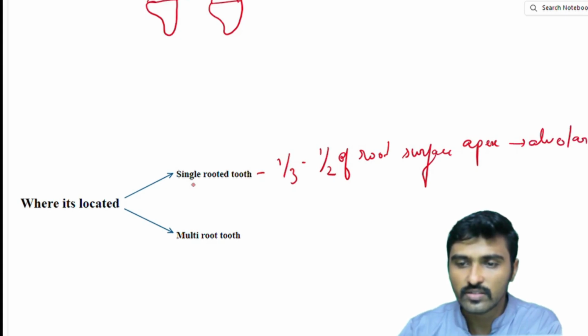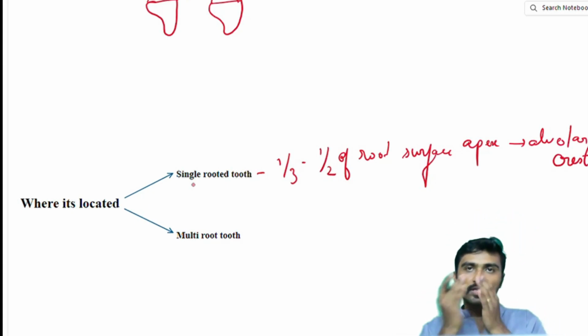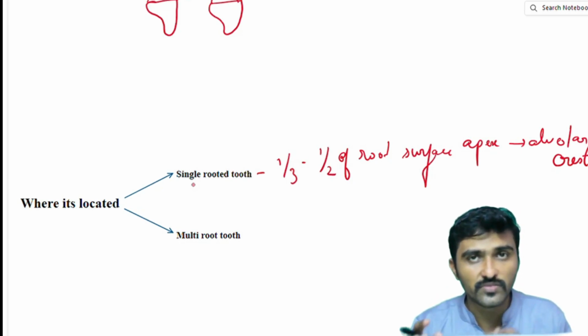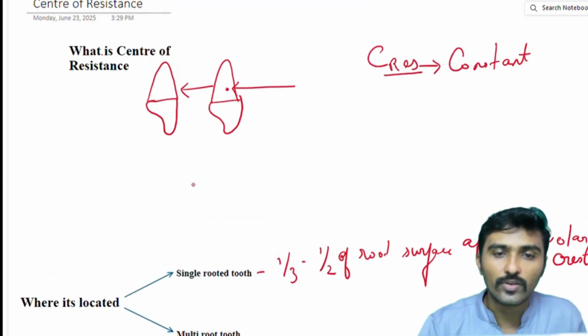Very, very important. So that point is located somewhere between 1/3 to 1/2 of the root surface from root apex to alveolar crest.